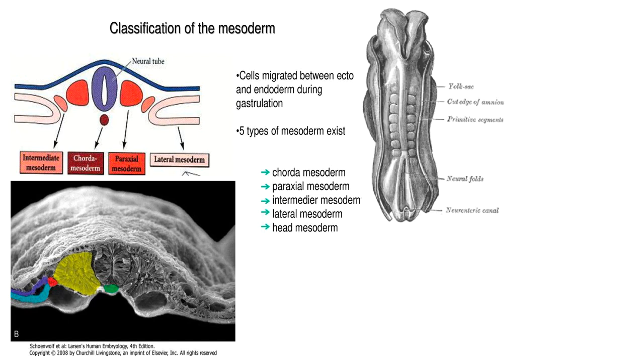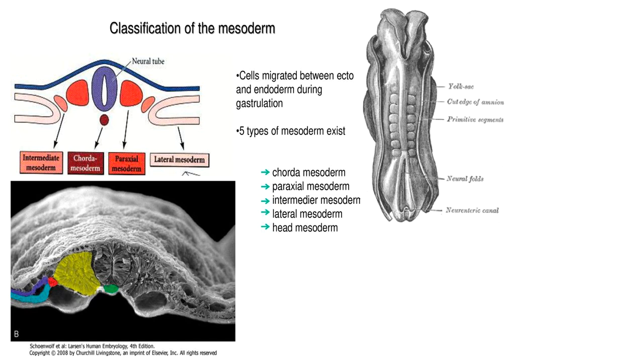So this is the posterior view of a developing embryo, and you can see that the cranial and caudal parts of it are still open. These are called the rostral and caudal neural pores. It means that the fusion of the neural plate has started occurring from the midline and then goes cranially and caudally.